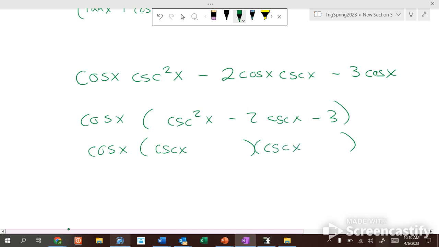Signs are what? One's a positive and one's a negative. And we need factors of 3 that are 2 apart. What are our factors of 3? 1 and 3. So the 1 is positive and the 3 is negative because they have to add up to -2.